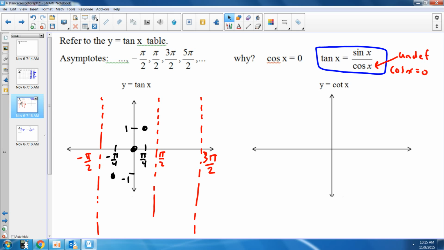So that means that this graph is going to come up like this, and on the other side of it, it's going to get closer and closer to 0, but approaching it from the negative direction means tangent x is going to approach negative infinity.